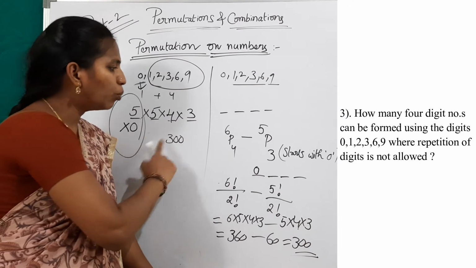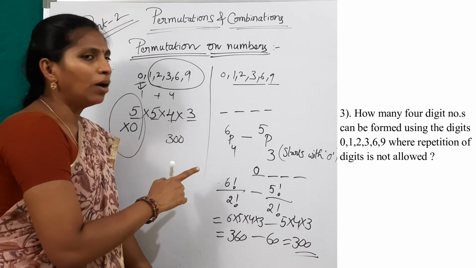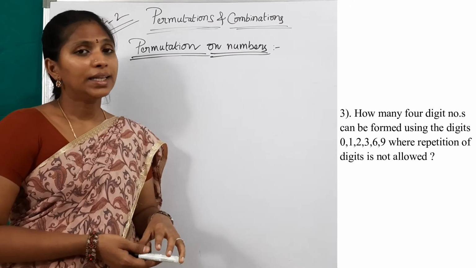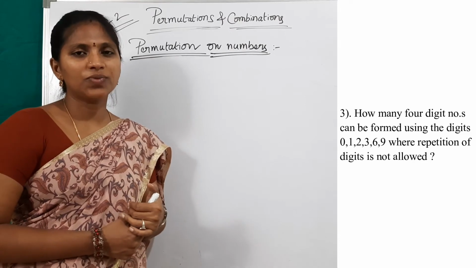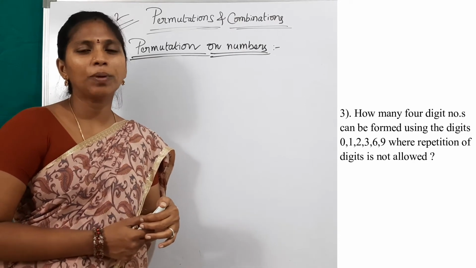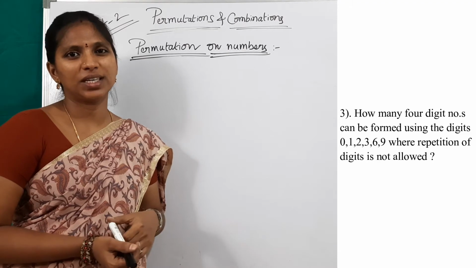Do practice in both ways and follow whichever is easy for you. At the end of this video, there are some questions for your practice. Please try to practice and write your answers in the comment section.